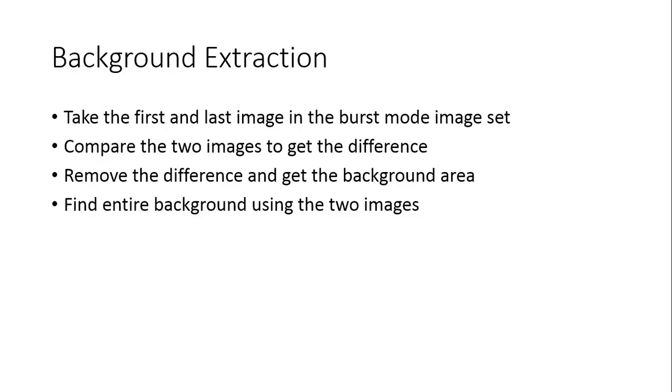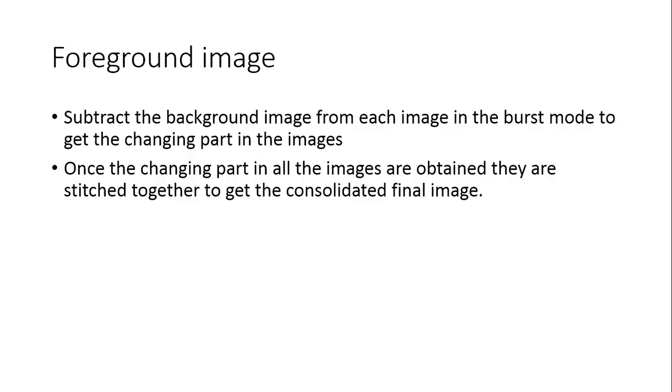So once you get that, you subtract that from each and every image in the burst mode to get the moving particle, and once you have that, you could stitch them together to get the final consolidated single image with all the moving particle in that image.